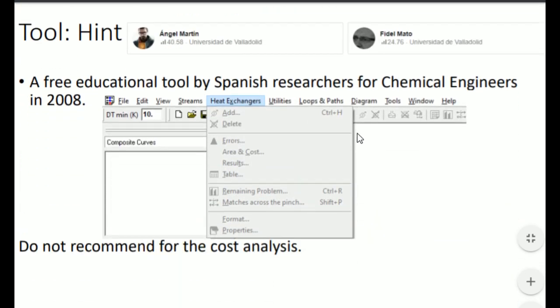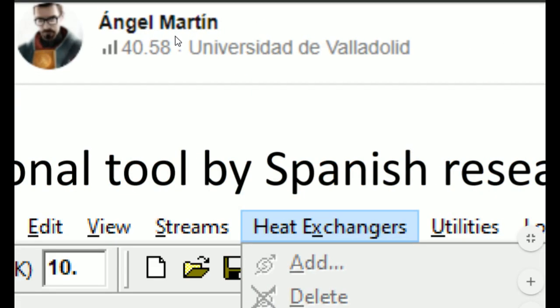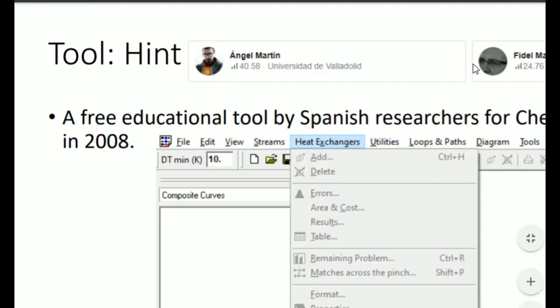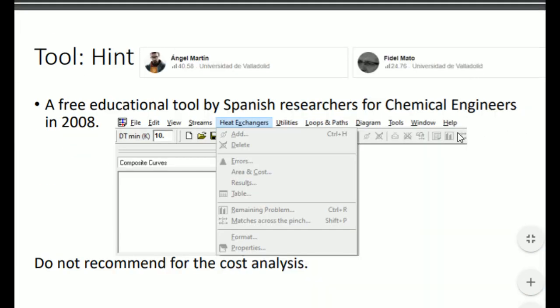Now for HINT, we have two main tools that I know about. The first tool is HINT, made by Angel Martin and Fidel Mato. It's a free educational tool by Spanish researchers for chemical engineers from 2008.